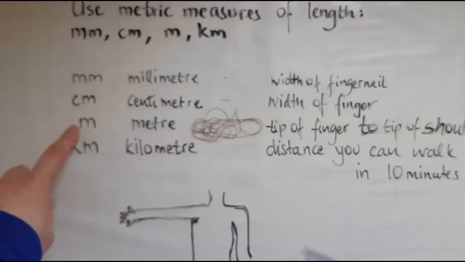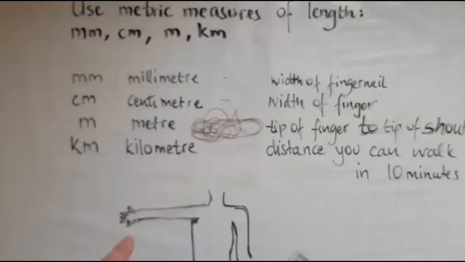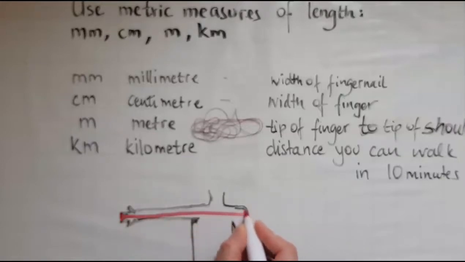Meter is a bigger unit. That is about from the tip of the finger to the tip of the shoulder on the other side. So if you try and place a string, that's about how long it is.